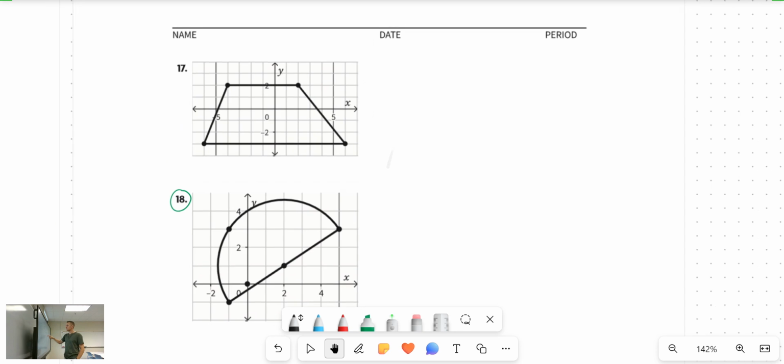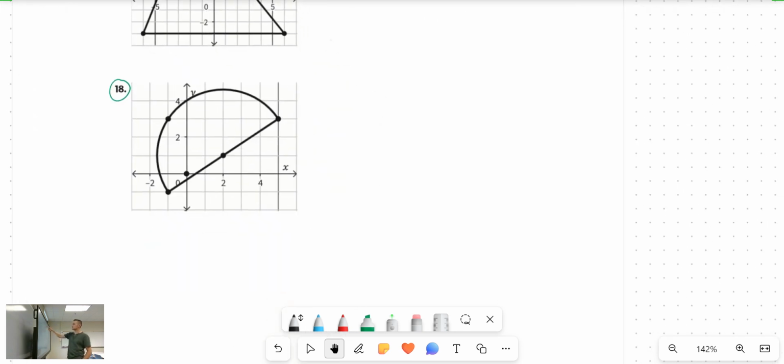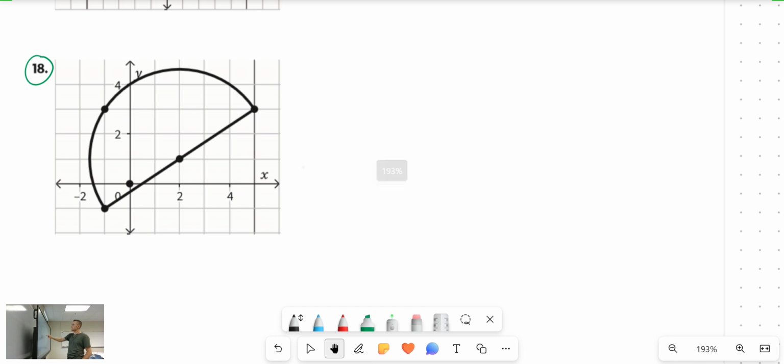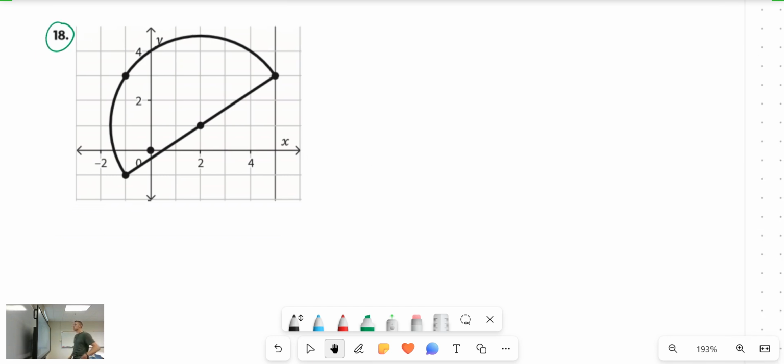And finally, what do we have here? I think this is the last one, number 18. We have lots of space for this. So here we go. The last question. So this is tricky. We have a circle now.